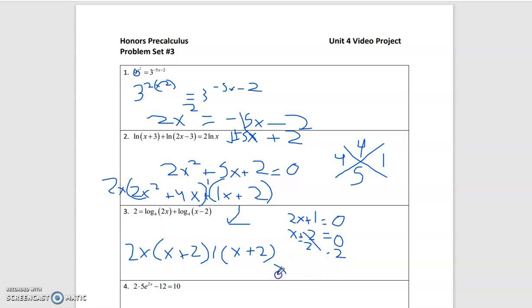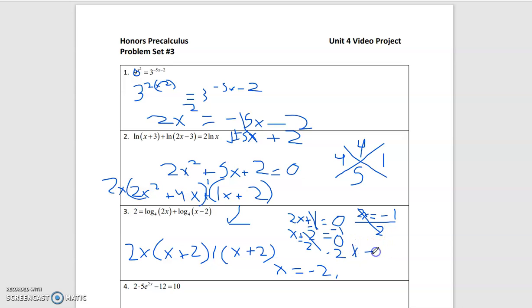So we get x equals -2 as one of them, and right here 1 ends up going to the right side, so you got 2x equals -1. Divide both sides by 2 to isolate the variable.